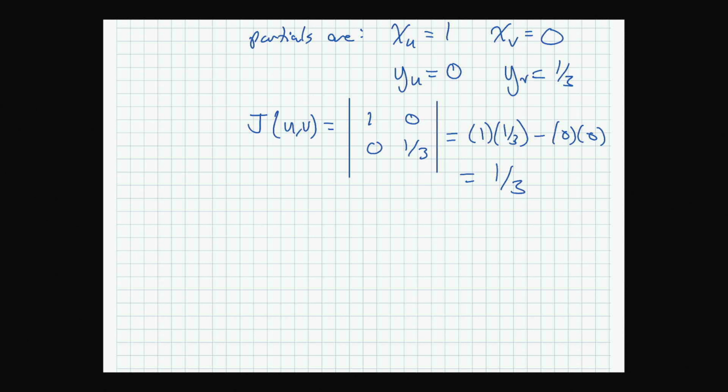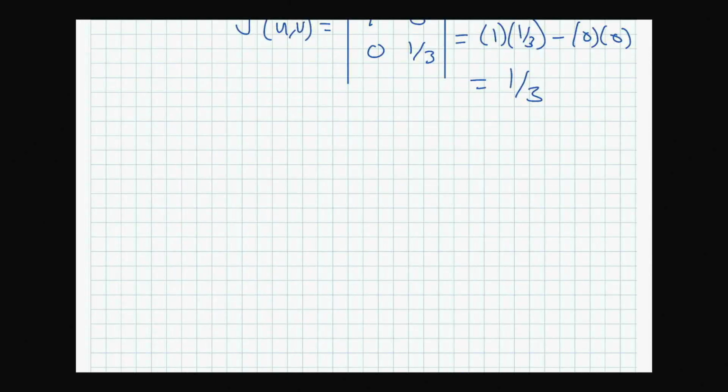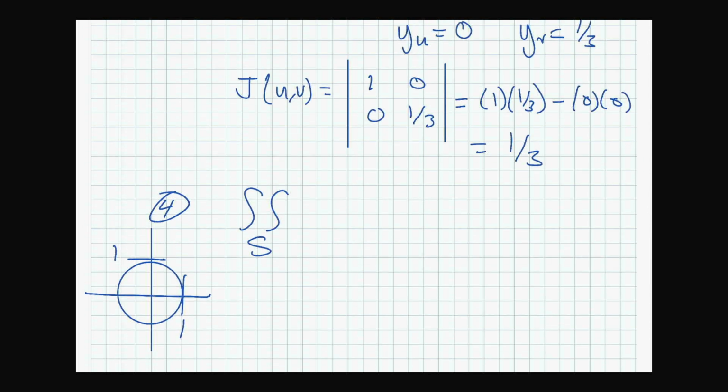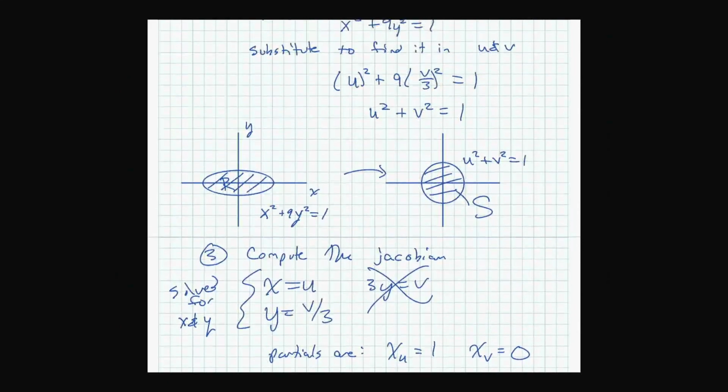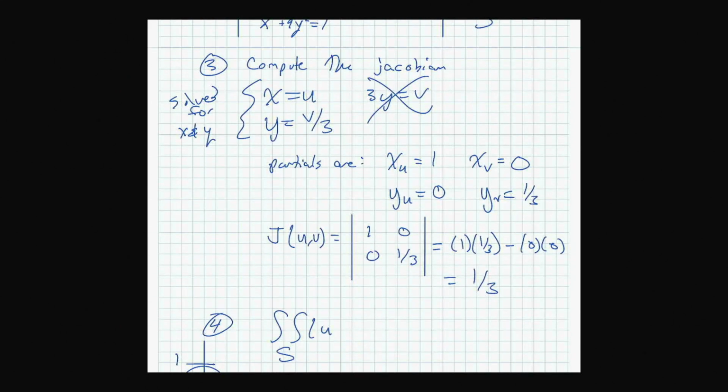And then we can set up our integral. Again, I kind of did things out of order here a little bit. We have the double integral over S. We did figure out what it was. It's a circle with radius 1, right? We also figured out the integrand already because I did that first for some reason. It was u squared plus v squared to the 1/2.